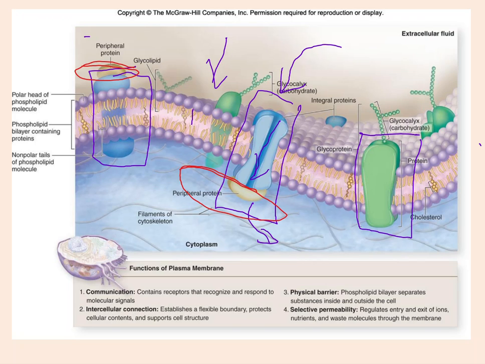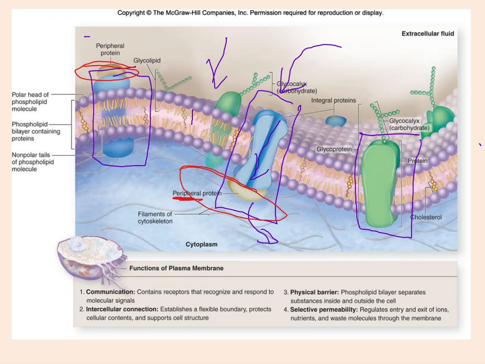For instance, they can help hold the cytoskeleton to the plasma membrane to keep the plasma membrane in place instead of just falling off of the cell membrane. So there's many different functions for them. You will always notice that they're going to be to the side. The peripheral means along the side. So peripheral proteins are going to be on the side.